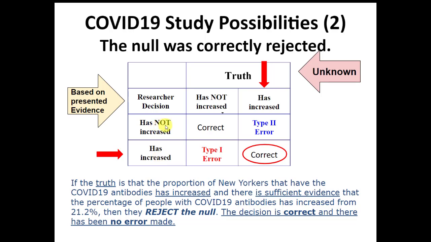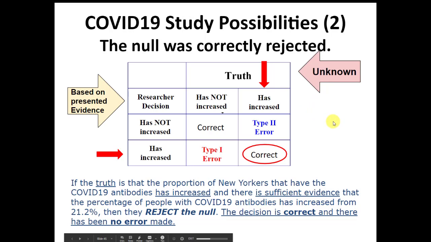Then what they have done is they have gone from the null of no difference, right? They've rejected the null of no difference, and they've gone with the alternate hypothesis. If the truth is that it has increased and the researcher says there is enough evidence to show that it increased, then the decision is correct. The decision to reject the null was correct.